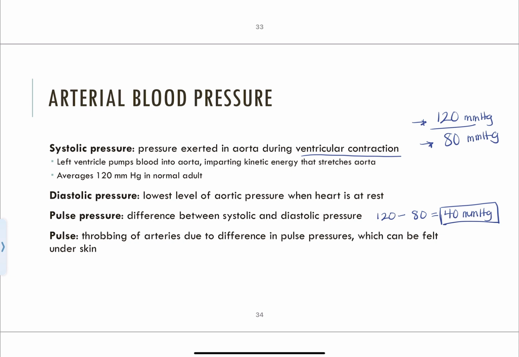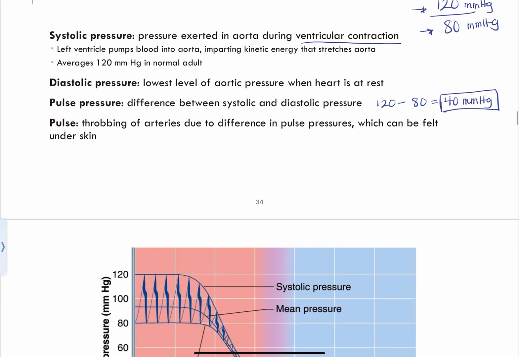If we ever were to take our pulse, there are several different pulse points that we have on our body, but the pulse just represents the throbbing of the arteries due to the difference in the pulse pressures, and we can feel these under our skin in certain places.